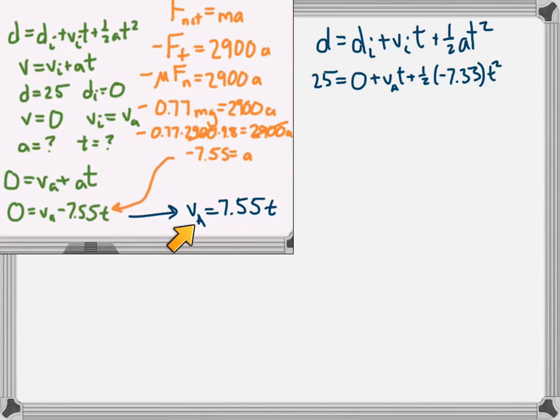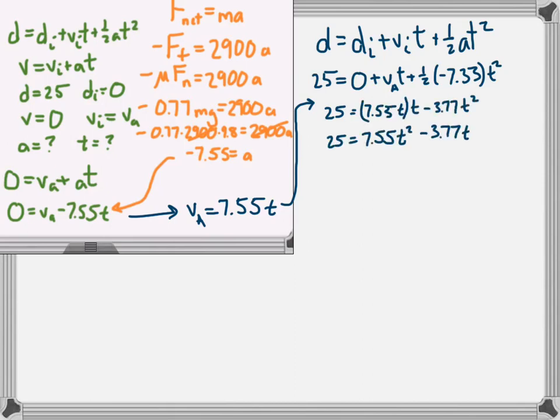Well, let's replace v sub a with 7.55 t in our displacement equation right here. When I do that and do a little simplifying, I get on the right hand side 7.55 t squared minus 3.77 t squared.